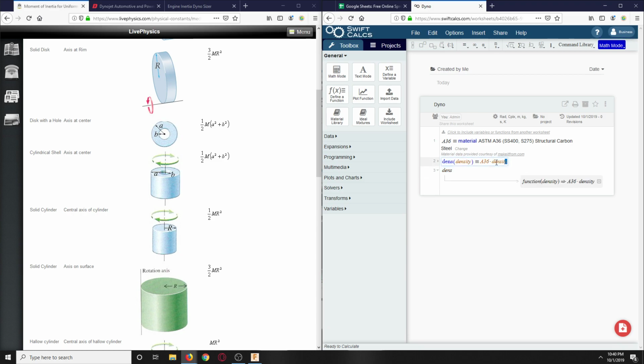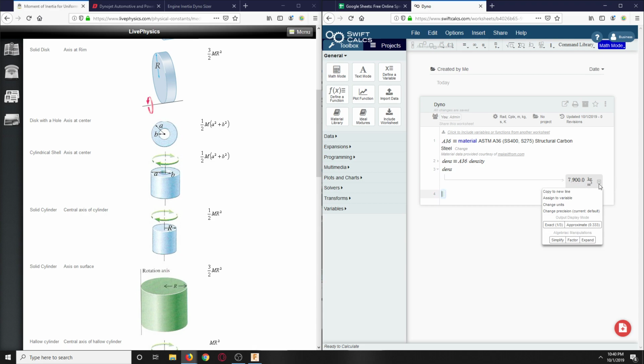I think there's a function, I can't remember, A36 dot, oh, there it is. So this is dense equals density, and there you go, 7.9 kilograms per meter cubed.